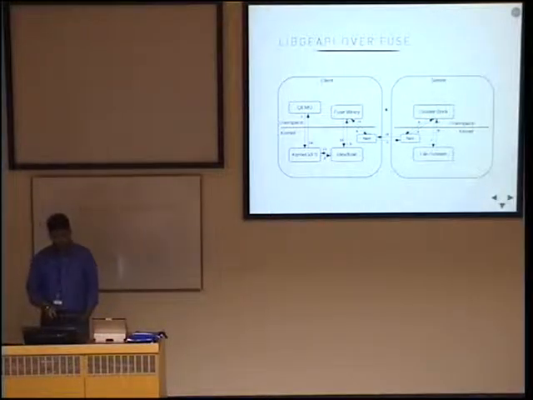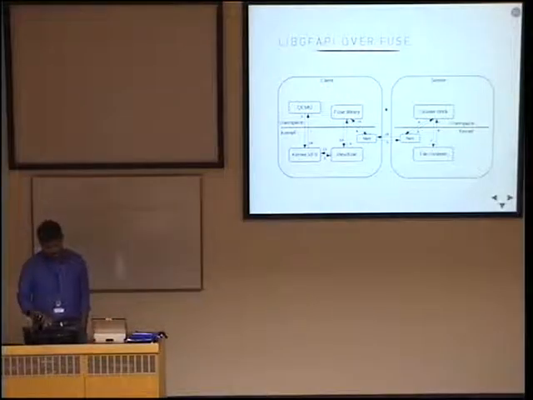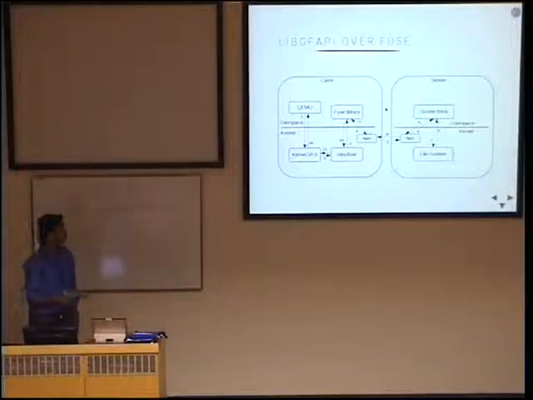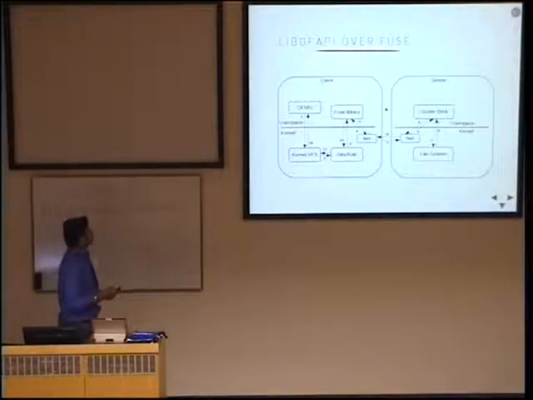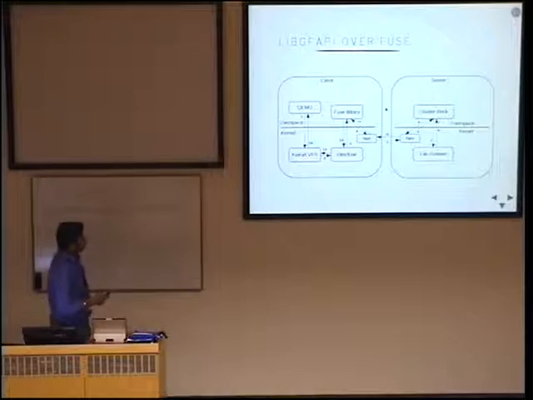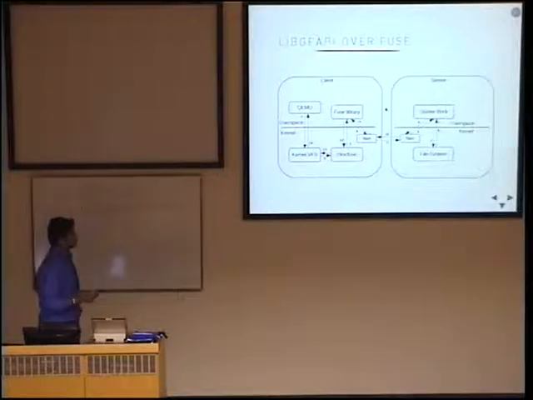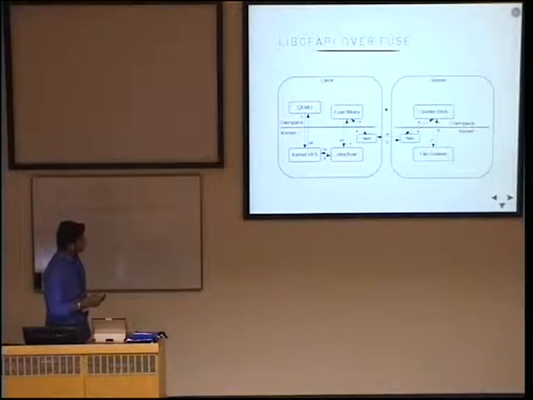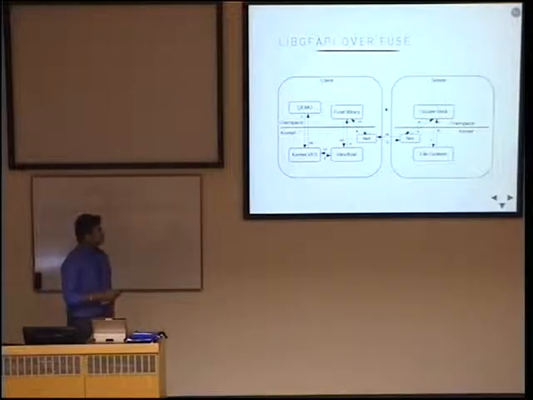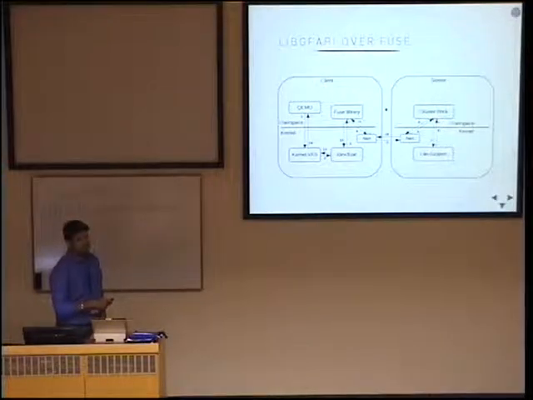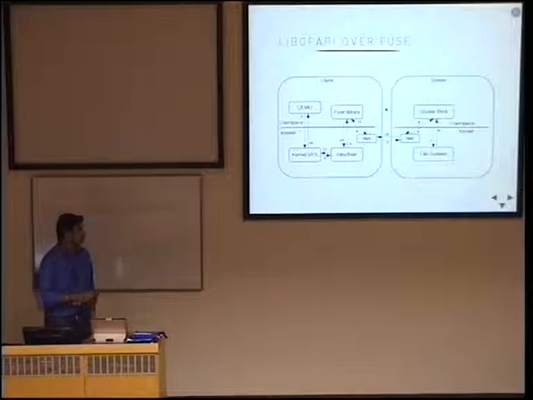libgfapi and Fuse. Here is Qemu, my application, which talks to the kernel Fuse layer, and from there the Fuse layer will send some information to /dev/fuse, and from /dev/fuse it talks to the Fuse library, and from the client side it goes to the brick side, and from the brick side it will finally reach the file system, that is XFS or whatever.